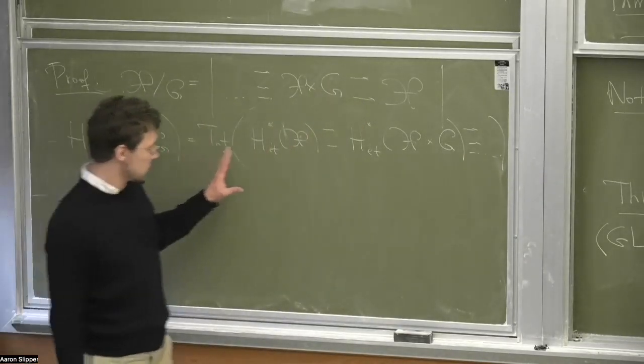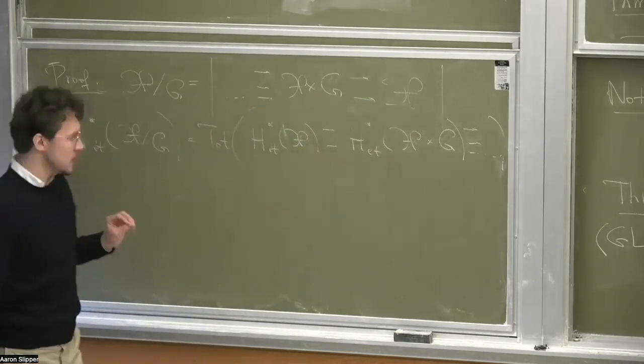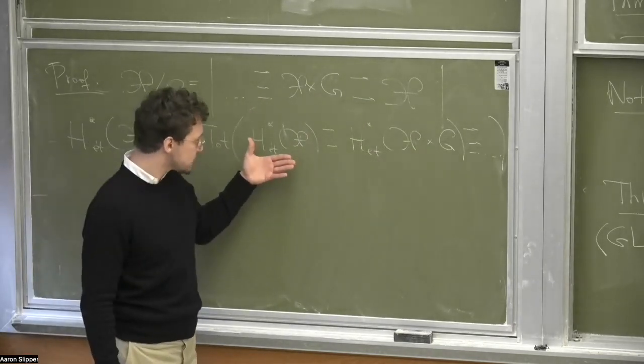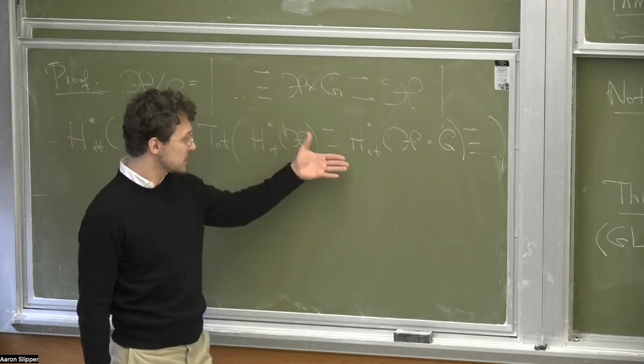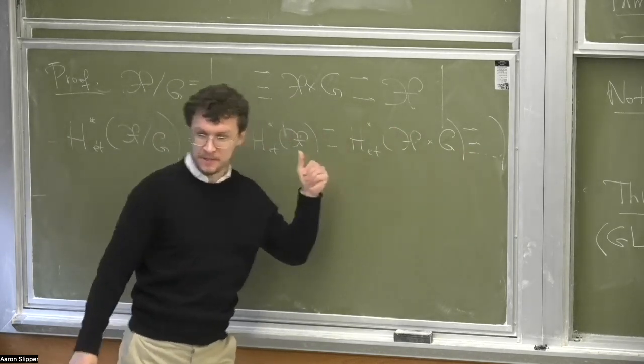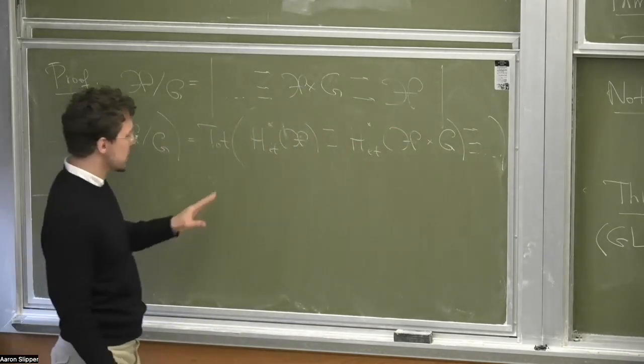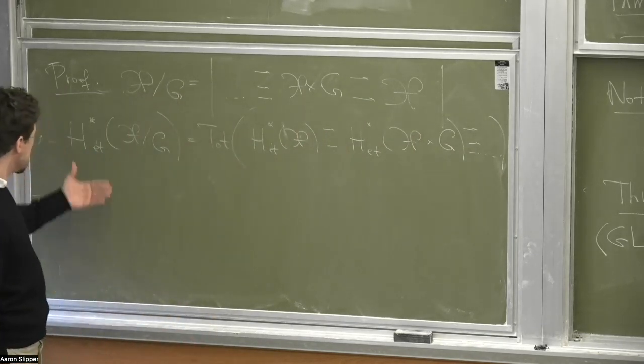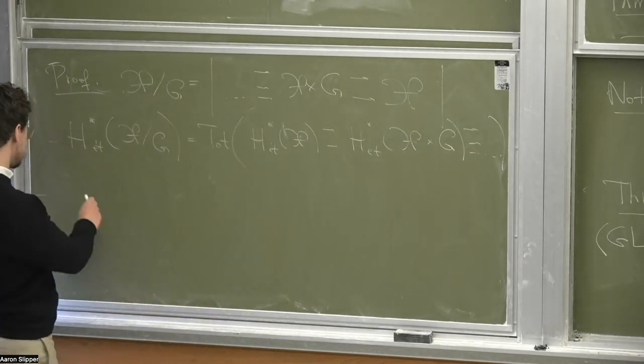So this is some cosimplicial diagram. And any cosimplicial diagram has a canonical skeletal, or coskeletal, filtration. I don't know what exactly it's called. So that gives us a filtration on this thing.